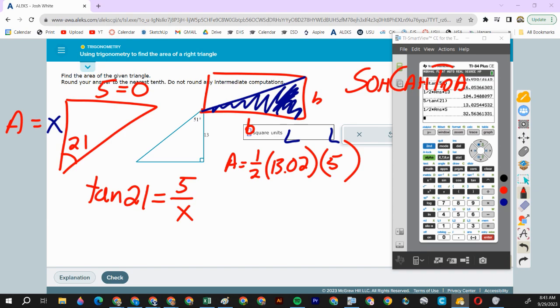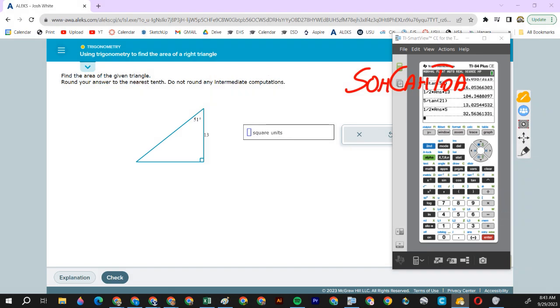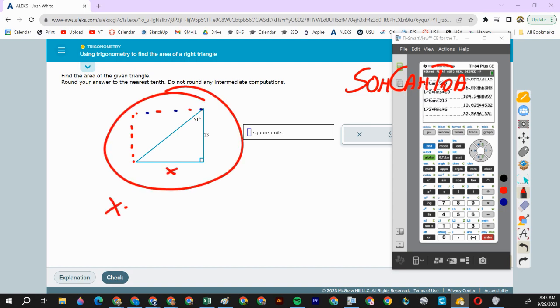So in our figure here, the area of the rectangle is x times 13. So the area of the triangle is just half of that.